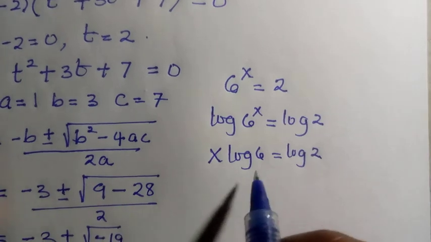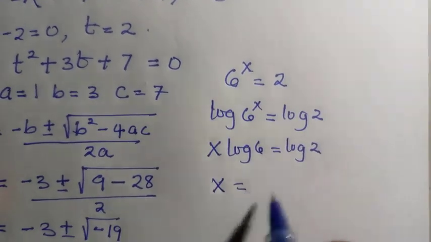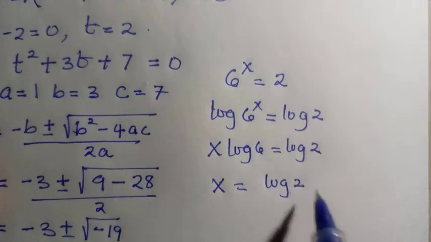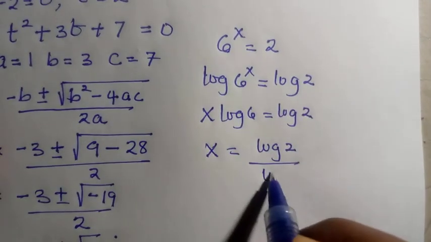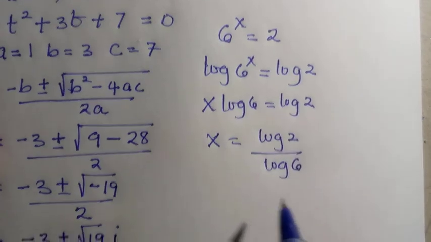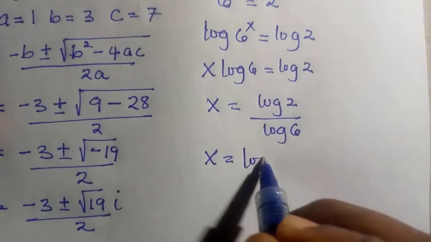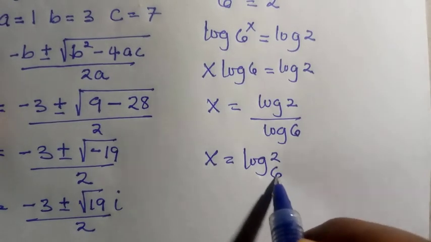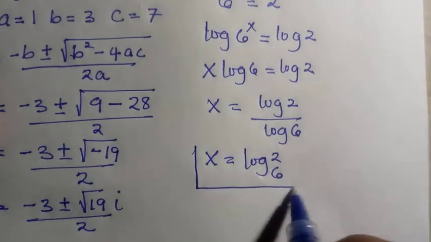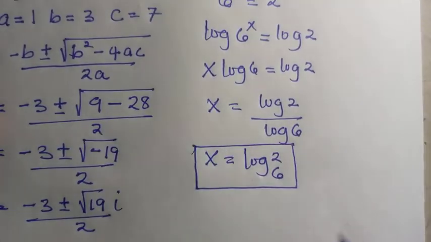Dividing both sides by log 6, we have x equals log 2 divided by log 6. This is also written as log base 6 of 2, which is the first solution to this problem.